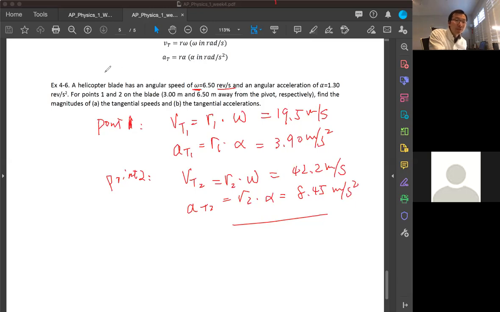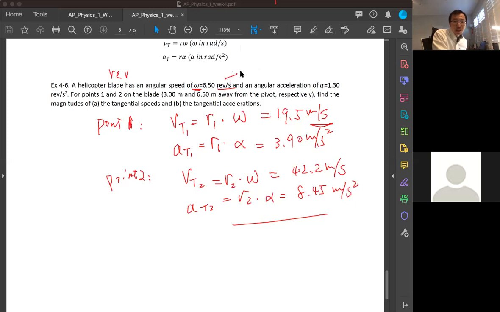Revolutions is not a good unit to use for angles, because you still need to convert it into meters per second. You cannot use revolutions per second as the unit for tangential speed. This is why I prefer that you convert angular speed, and all units related to angle, into radians.